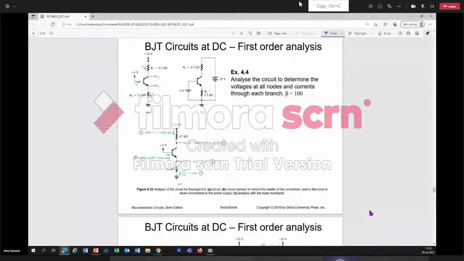Okay, BJT circuits at DC, first order analysis. Example 4.4. Analyze the circuit to determine the voltage at all the nodes and the current through every branch. Beta is 100. A problem like this, we can start working out with what we know already. That is, you pick it up from the diagram.